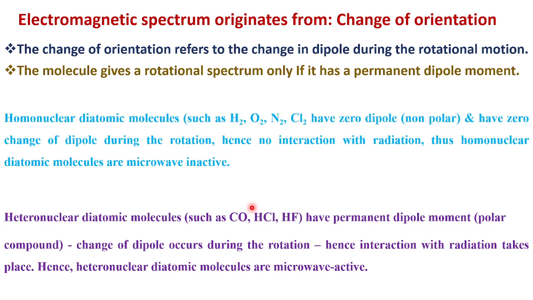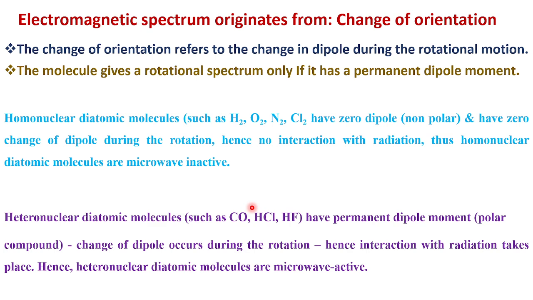I already discussed last week how the electromagnetic spectrum originates from the orientation of electrons. To summarize, the change of orientation generates a dipole moment during rotation, and based on that the molecule, or the bond, will resonate with electromagnetic radiation. So during rotation the dipole moment will change.